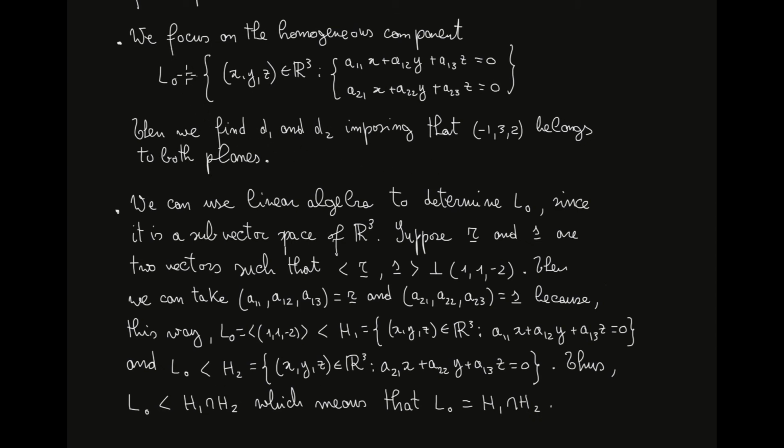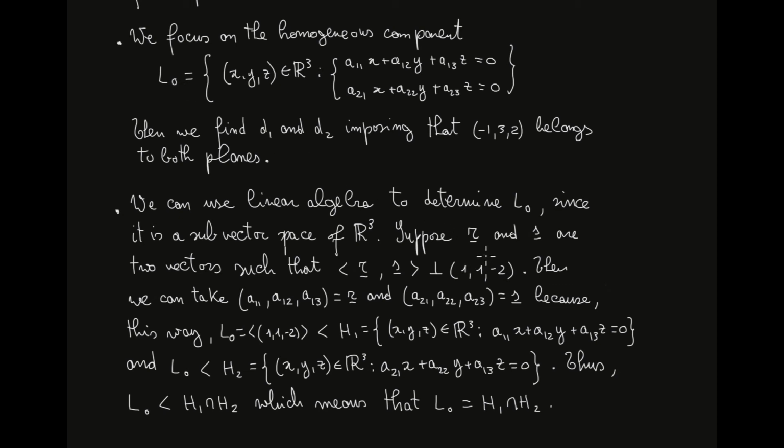Now, since L0 is a subvector space, we can use linear algebra to determine it. Suppose we can find the two vectors R and S with the following property. They are both perpendicular to (1, 1, -2). Remember that (1, 1, -2) was the vector that generated L0.